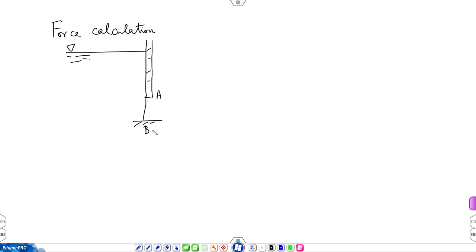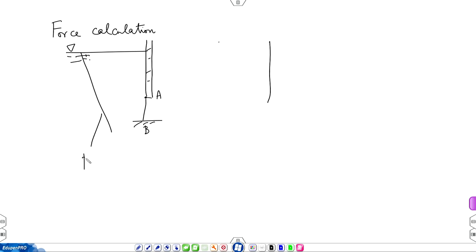If you are going to find the force acting on AB, overall there is a pressure variation from top to bottom. At the top it is P atmospheric, and as you go down, the pressure increases.